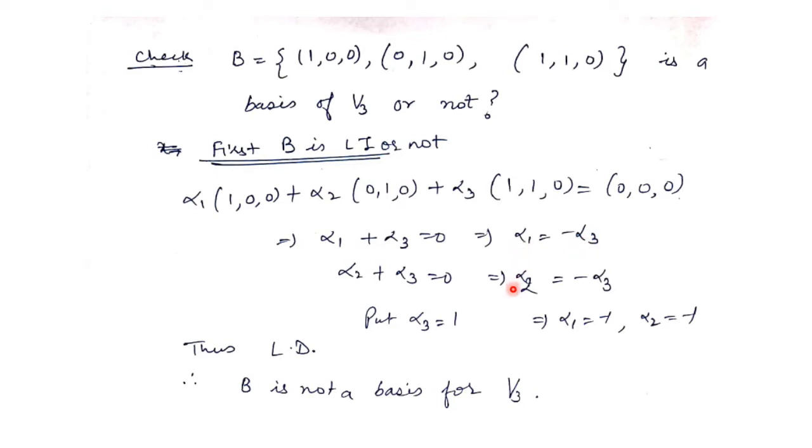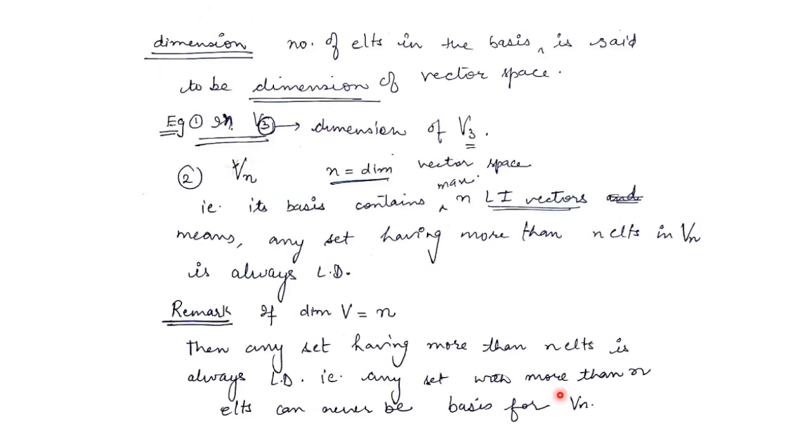If alpha 3 is non-zero, then alpha 1 and alpha 2 are also non-zero. Say alpha 3 is 1, so alpha 1 is minus 1 and alpha 2 is minus 1. So clearly this set is not a linearly independent set, because in this case we have at least one non-zero alpha such that this condition holds. Since it is not linearly independent, this is not a basis for V3.